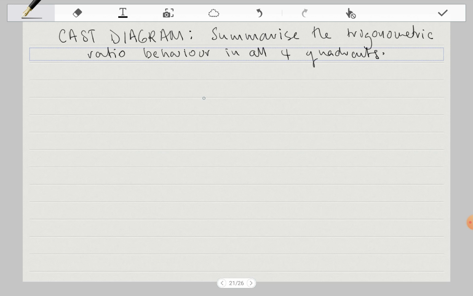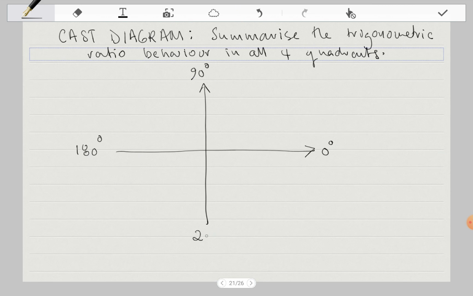If we start off with our Cartesian plane right here, let's first label 0, 90 degrees, 180 degrees, 270 degrees, and ending off at 360 degrees.